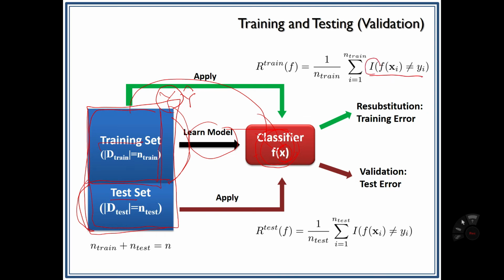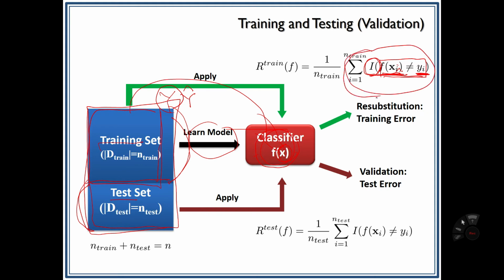Here the I is an indicator function that returns 1 if the condition in the parentheses is true. So if the predicted class is different from the actual class, it returns 1 for the ith object, and we add up all those values.